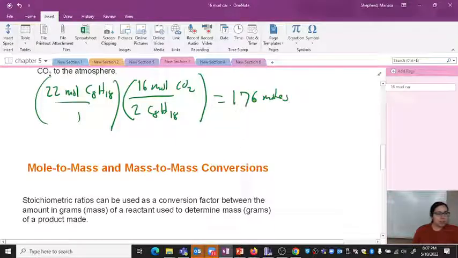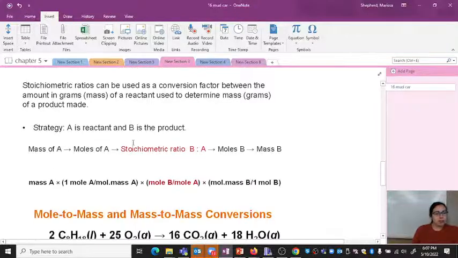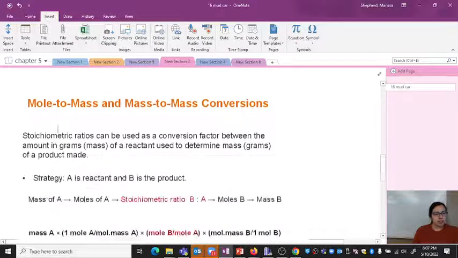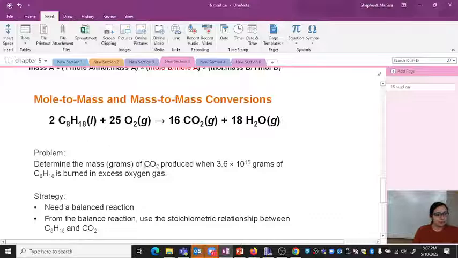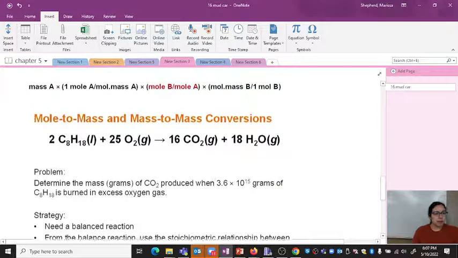Just like we did with our marshmallow, we should be able to do the same thing with real chemicals. Given your moles, we could plug this in and multiply by the mass of CO2. So let's try this new problem.